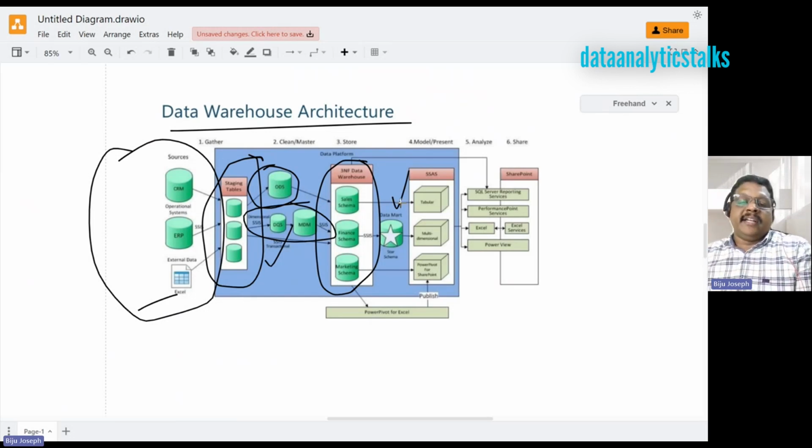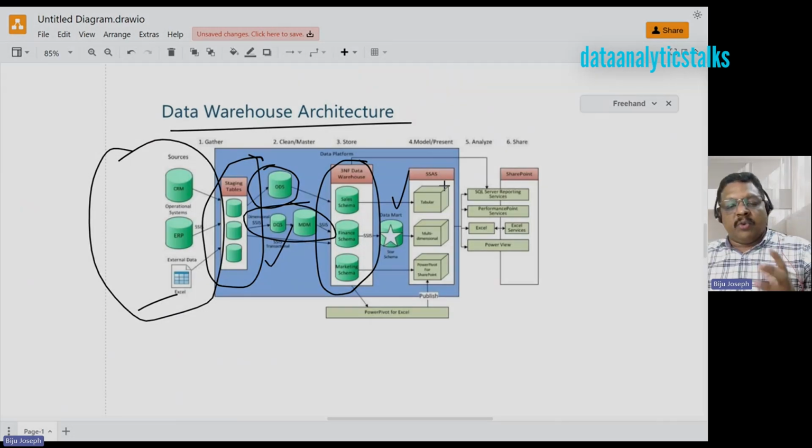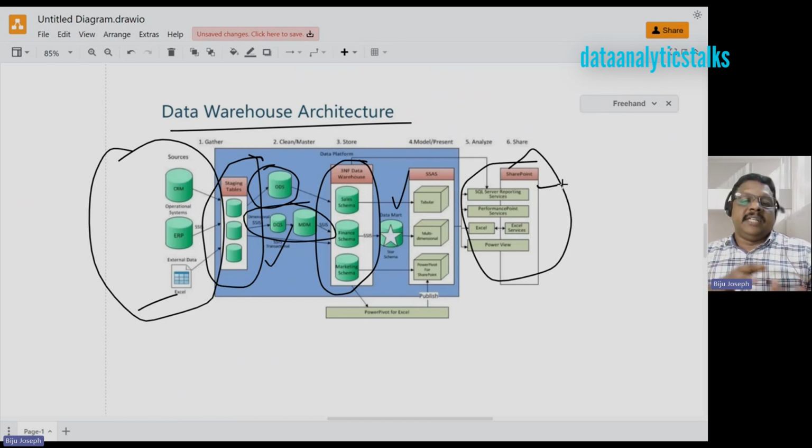I will show more details at a later stage. Then from there, it can be formulated as cubes, or data sets, or views or reports, and that will be shared for your analysis purpose, reporting purpose or sharing purpose. So this is how the data warehouse architecture works.